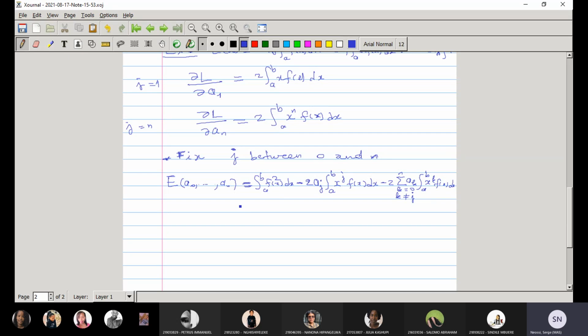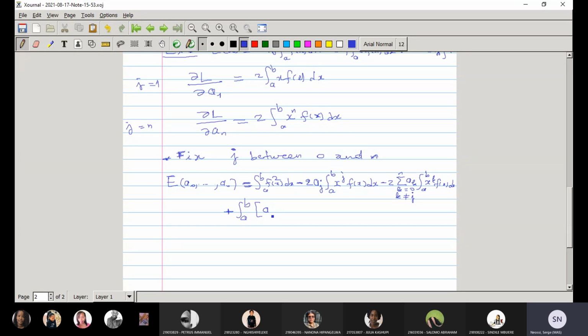And similarly, for the remaining term, this one in this integral, I can do the same thing. I can write that it's the integral from a to b. Then I can write my expansion here.